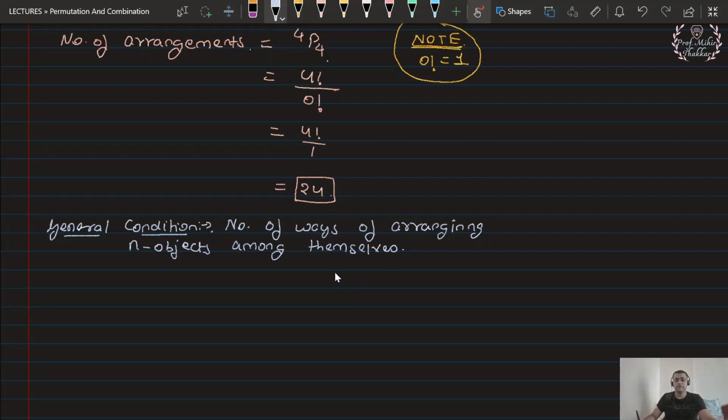What is the meaning of n objects among themselves? It means whatever is the number of objects, the same will be the number of places, and they all have to be arranged together.